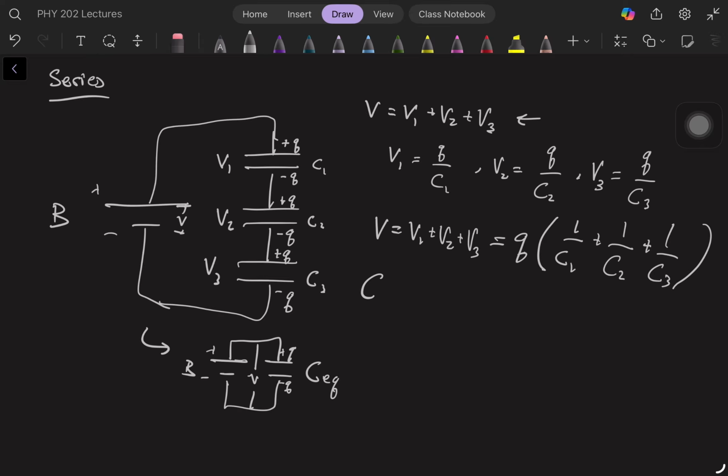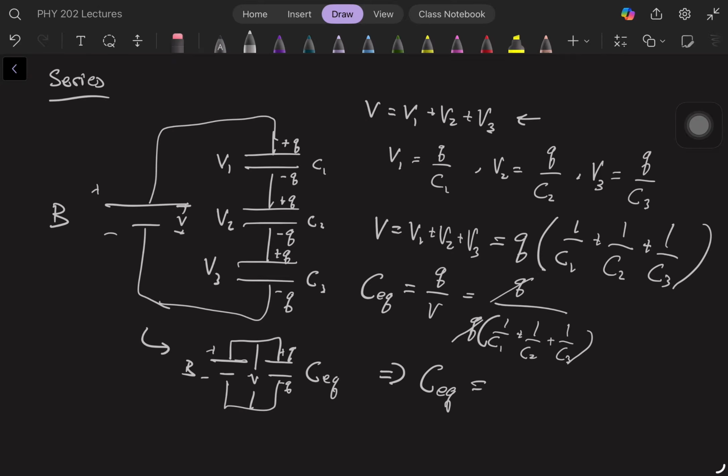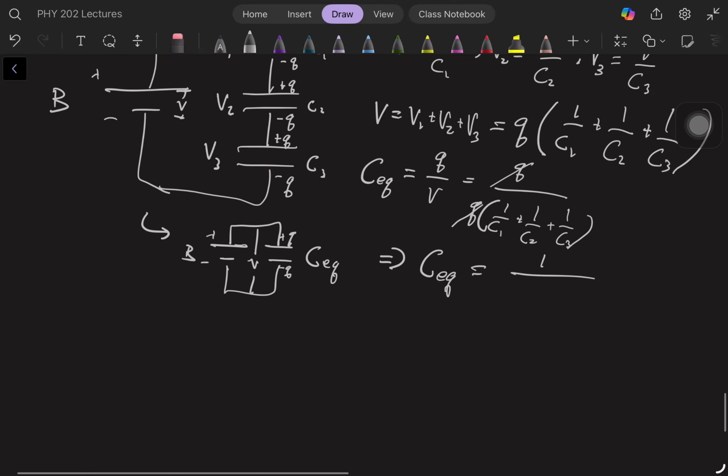Then if we know the equivalent capacitance is going to be Q over V, which we got from this circuit here, we can say that's Q divided by Q times 1 over C1, 1 over C2, 1 over C3. The Q's cancel. And so we get the equivalent capacitance is 1 over C1 plus 1 over C2 plus 1 over C3.